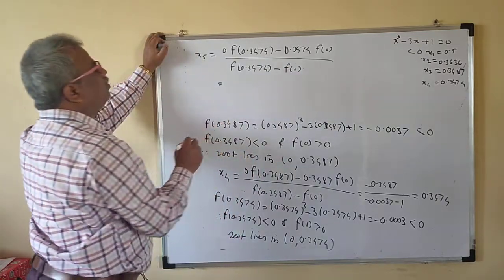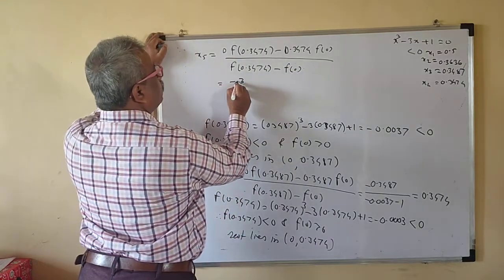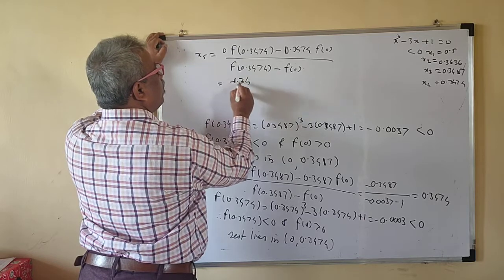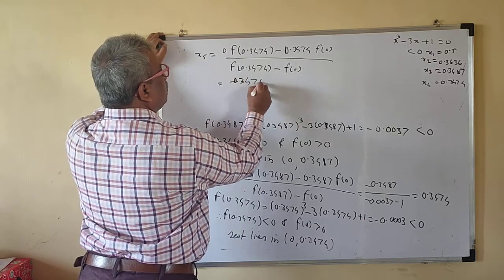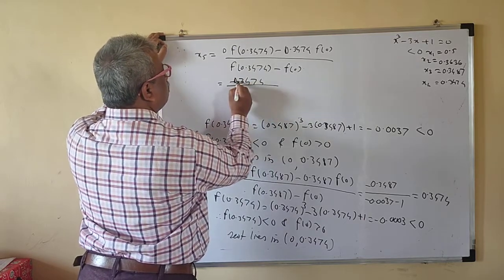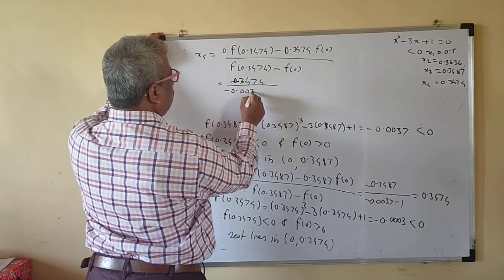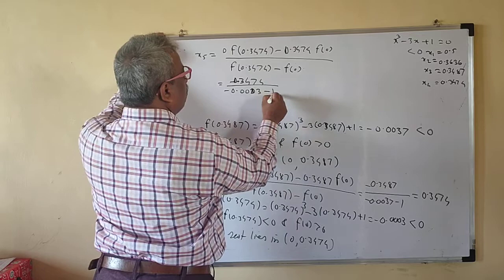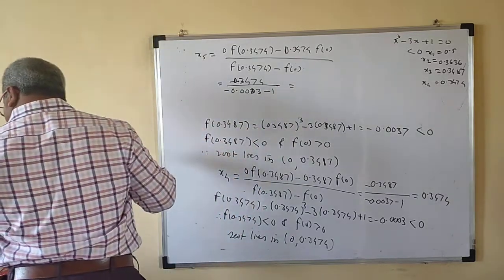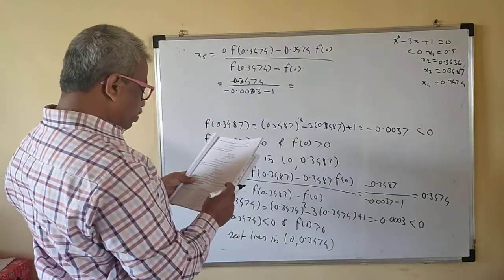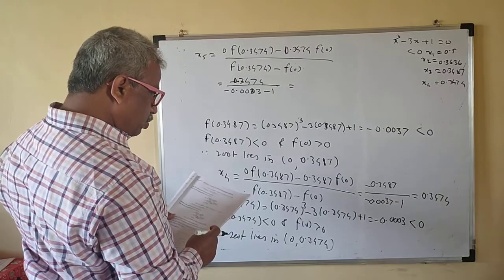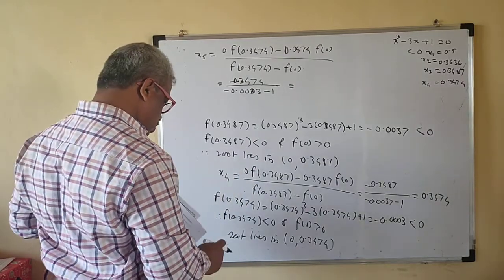So we write the values of this one. This is 0, so minus 0.3474 upon this value we got, minus 0.003 minus 1. So this value we got.